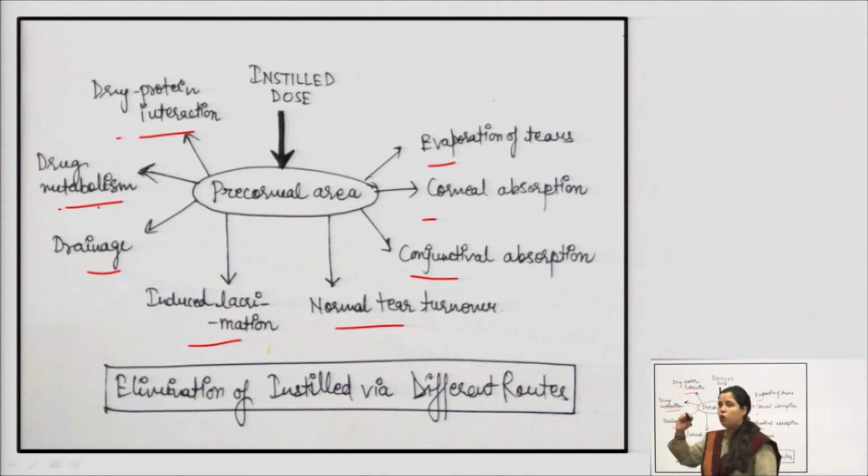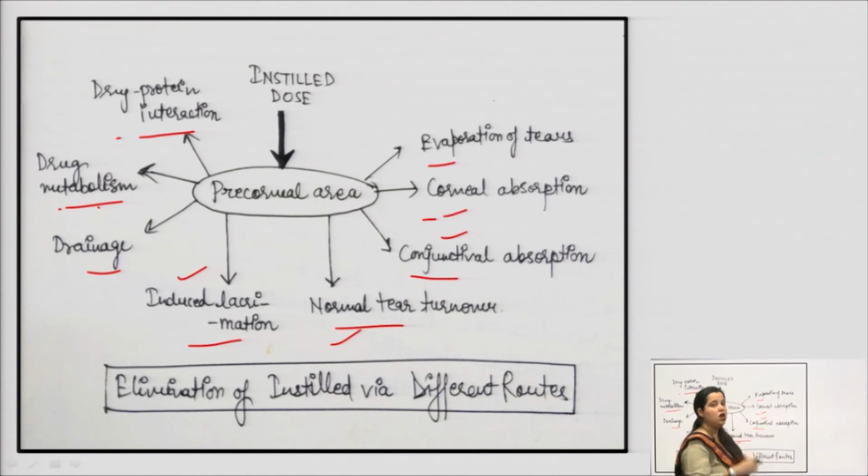Drug metabolism: what is the metabolism pathway of the drug within the eye, and induced lacrimation, how much lacrimation is happening within the eye, which depends on individual physiology. Normal tear turnover should basically be an average value, but in disease conditions the value may be reduced or increased. Now, conjunctival absorption is also an important factor to understand absorption.